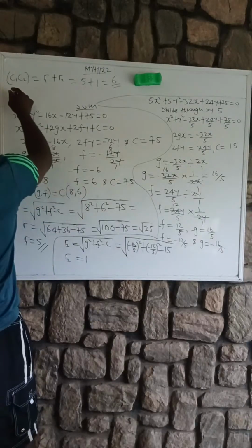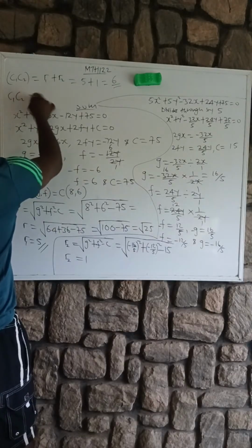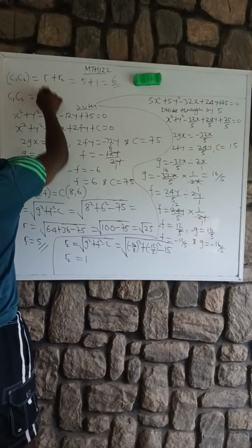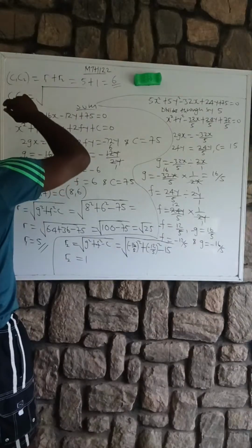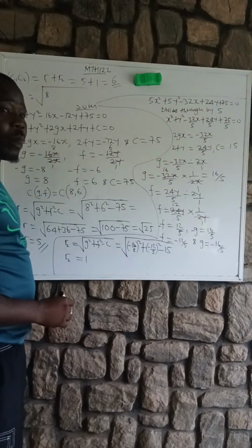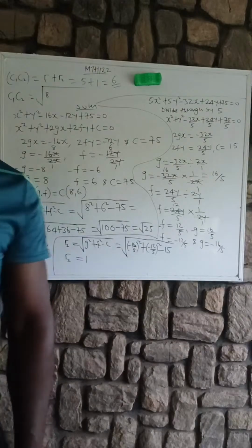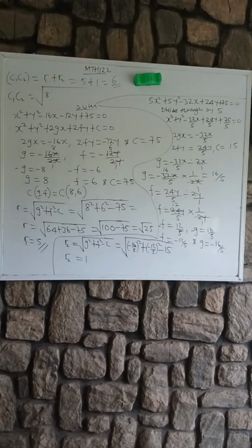So let's try the distance between the centers C1, C2 is equal to the square root of, there are two distances.